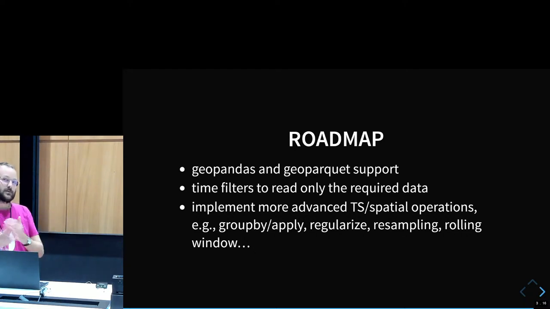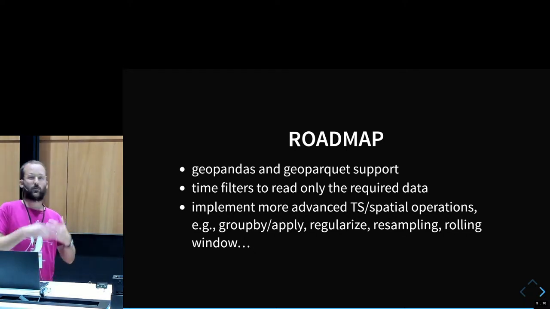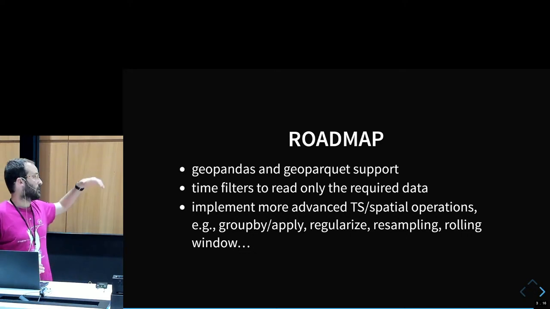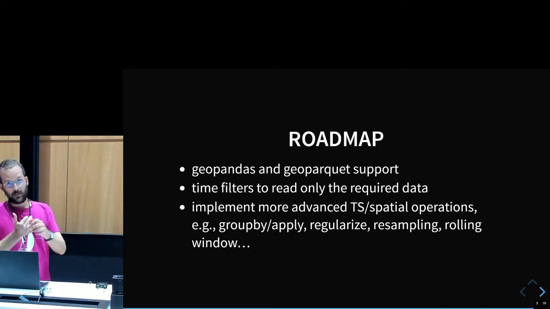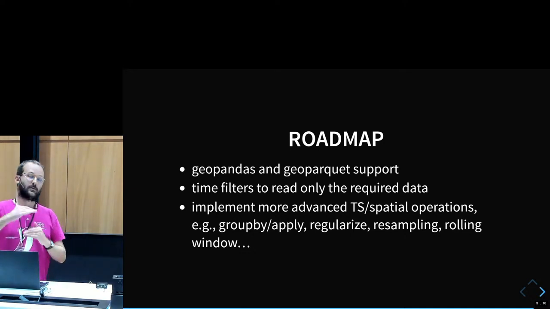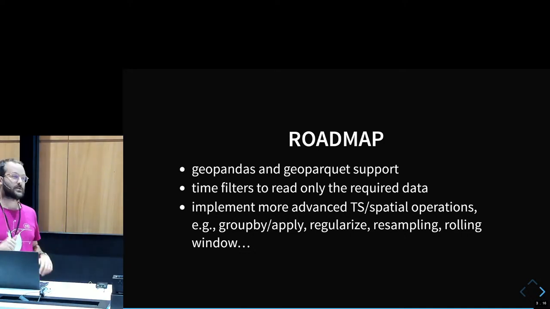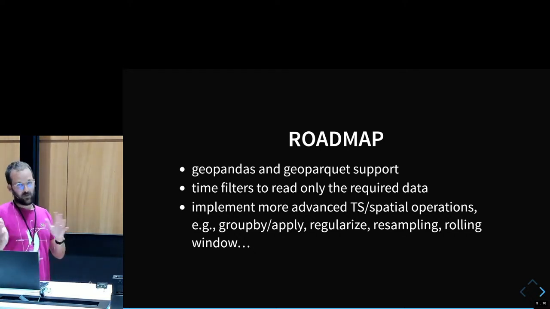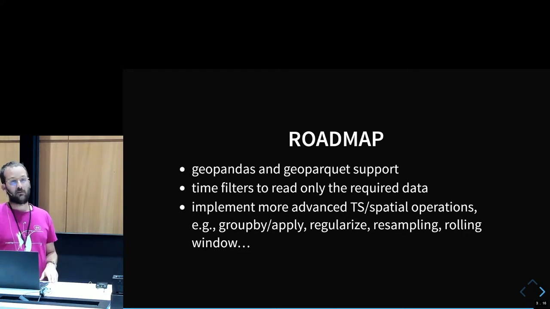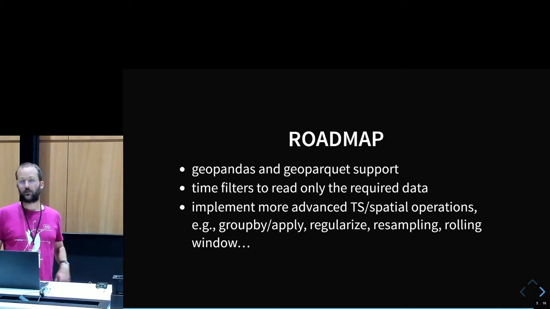The filters that we implement at read time are for the variables or stations that you want to read, and the time filters if you're just interested in certain periods, so that we only open the partitions required. But it's not implemented yet, and I think it should be more like a group by, or maybe if we realize that there's a nicer interface to achieve that, we will do it.